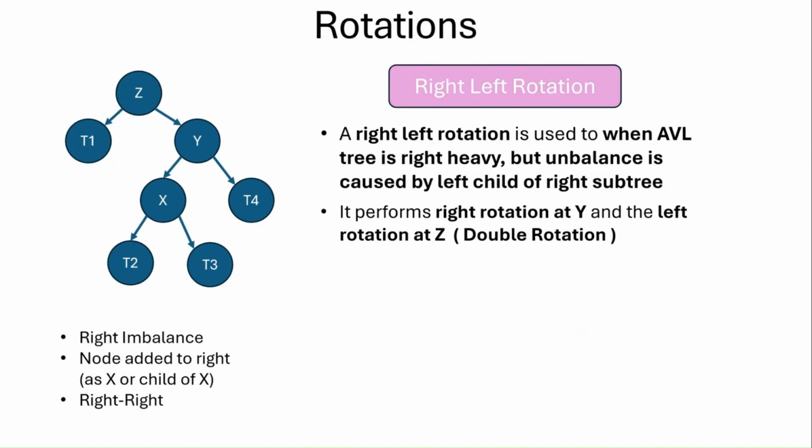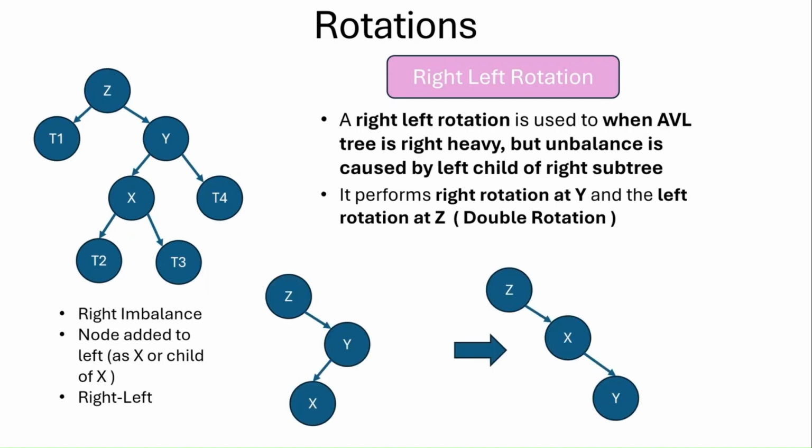And then we do the left rotation at Z. In the previous slide we saw that we broke the zigzag nature, but now the situation is right-right. How can we solve the right situation, which we understood in the previous slides? When the tree is right-heavy for the node Z, then we do the left rotation. So we do the left rotation as a second rotation at the node Z. That's why we need two rotations.